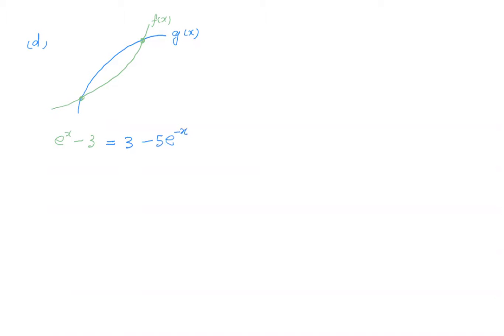So still remember how to solve this? What do you let e to the power x be equal to? k, correct? Then you try to solve it by yourself. That is how you find the point of intersection. They have the same x and y coordinate. fx equal to gx.